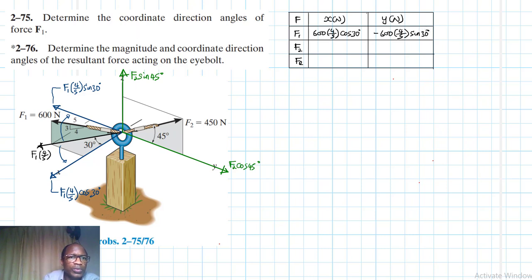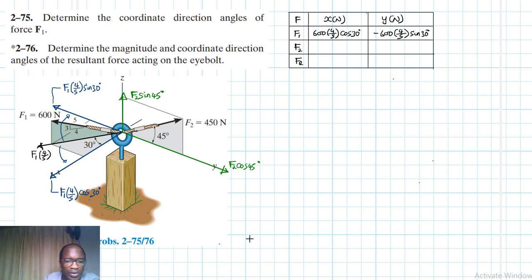I forgot to indicate one component. Sorry about that. Let me create some space. Right, so we said this one is F2. This is F2 sine 45.